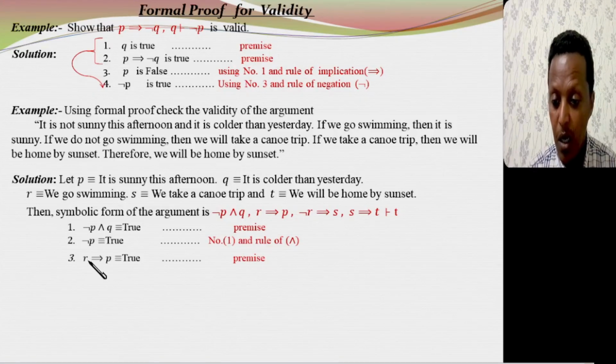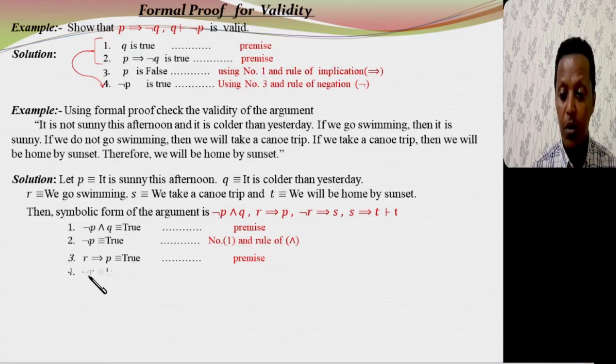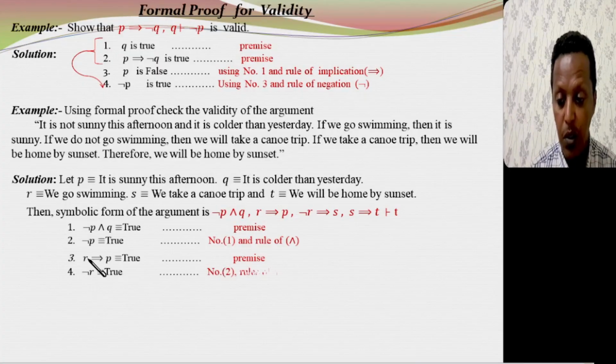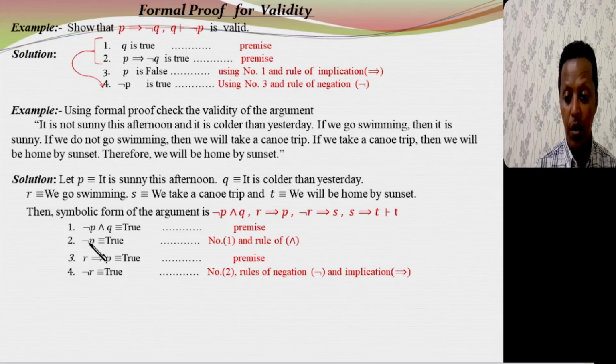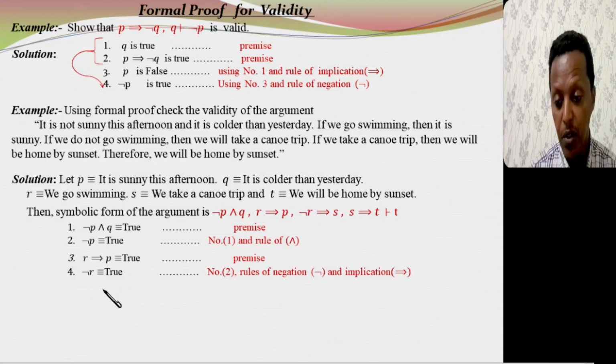So in order for R implies false to be true, R must be false. If R is false, negation of R will be true, considering number 2, rules of negation and implication.